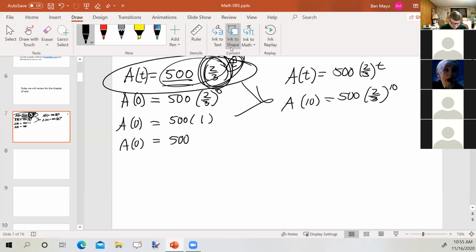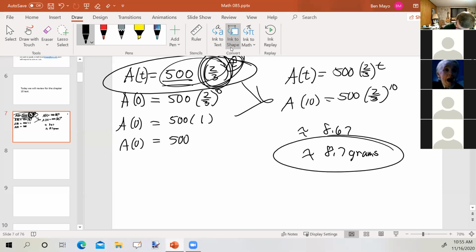So now in our calculator, we've got 500 times the quantity 2/3, raised to the 10th power. And it said round to the nearest 10th. And I'm getting 8.67, so that would be 8.7. And it said 500 grams, so 8.7 grams.